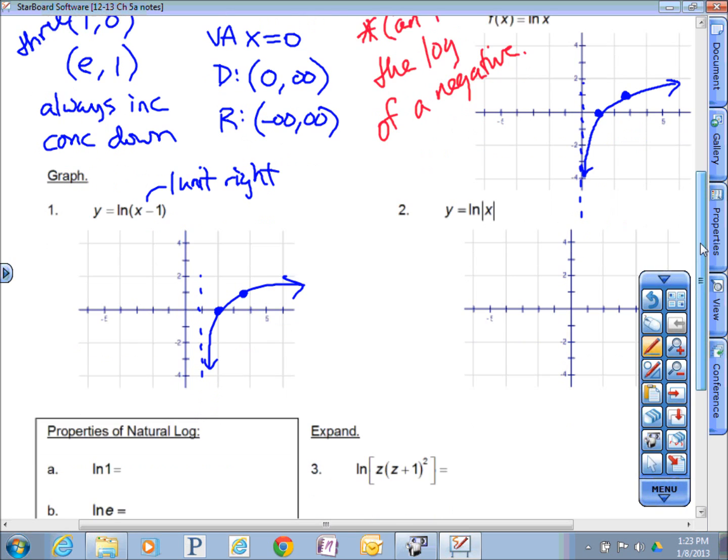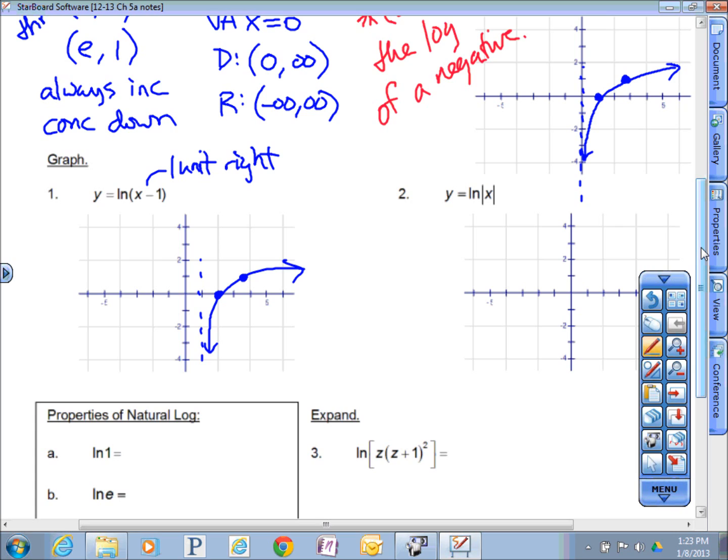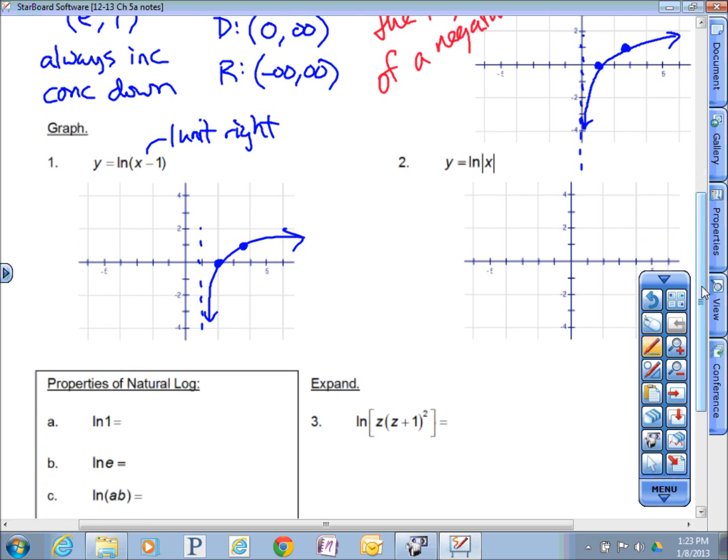When I look at problem number 2, now we notice that this time it's natural log of the absolute value of x. Normally we can't take the log of a negative number, but this time the absolute value is going to make every x value positive before we actually put it into the log machine, so to speak. So if x is a positive number, we have the exact same graph that we had before.